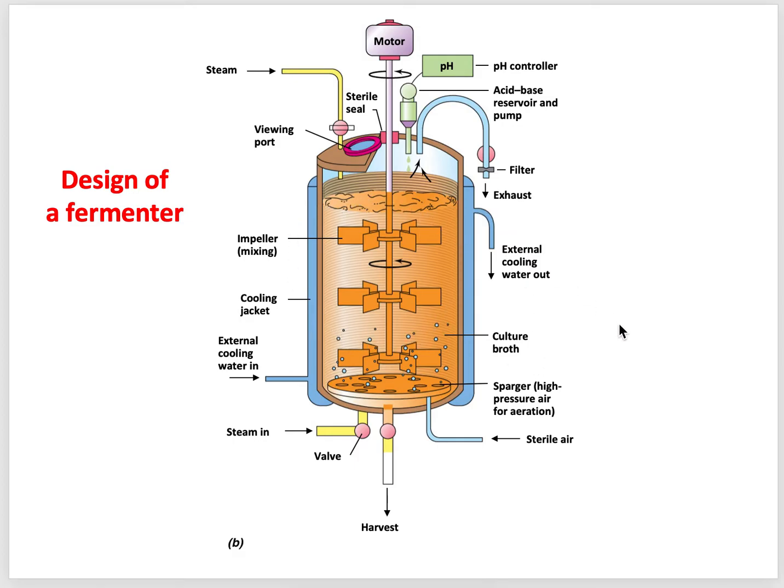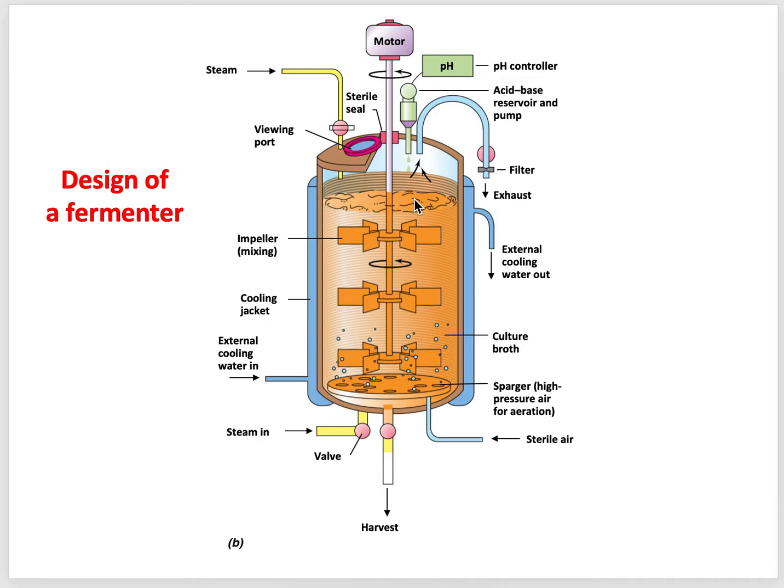The fermenters have several sensors in them, like pH sensor, temperature sensor, pressure sensor. Based on the data of the sensors, the equipment like the pH controller adjusts the pH, and the temperature controller controls the temperature.